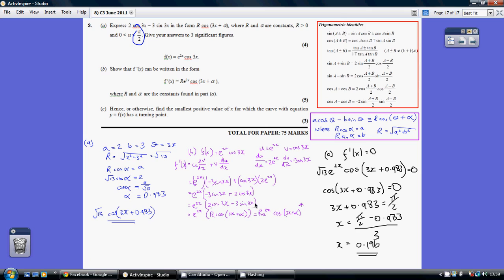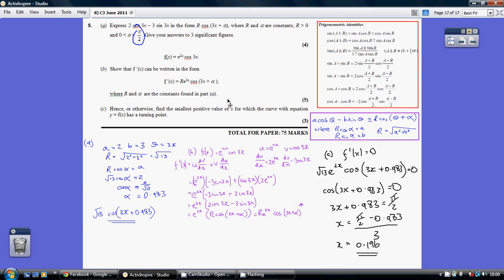This then allows us to replace 2 cos 3x minus 3 sin 3x with r cos 3x plus alpha straight from what we've done in part A. So I've just changed that around, putting the cos term before the sin term, and to see that it's a straightforward swap of that with that from part A. This then further allows us to factorize and take the r out. So we've got r e to the power of 2x times cos 3x plus alpha, as required.